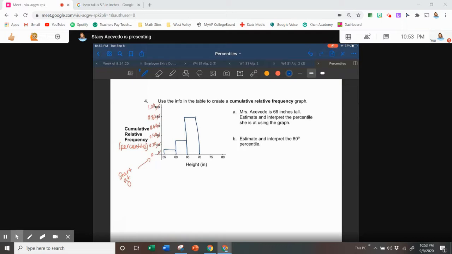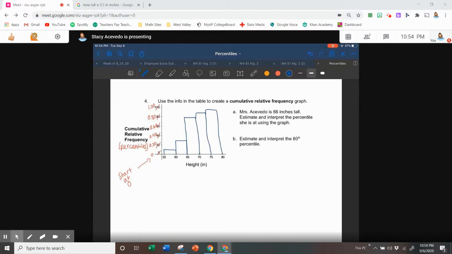So that's about here. Horrible sketch, but it'll do. For the bin of 76 to 80, that's the rest of the way up, so it should add up to 100%. Yes, there we go. All right.